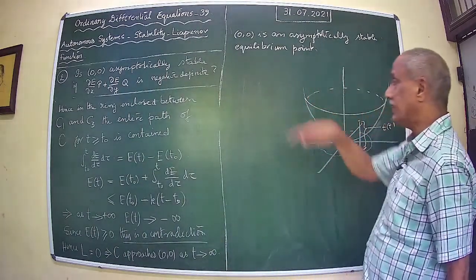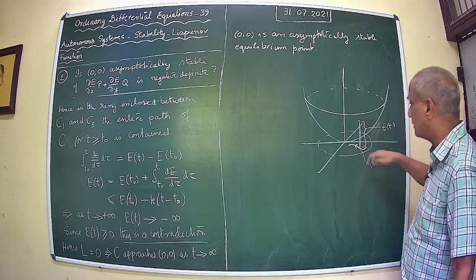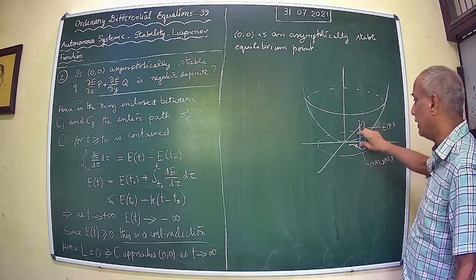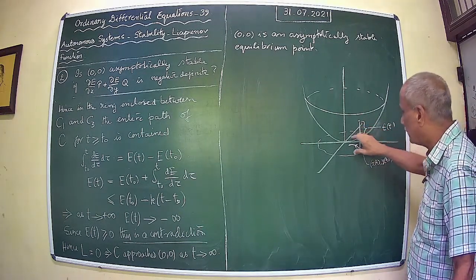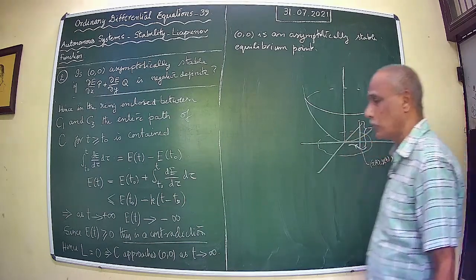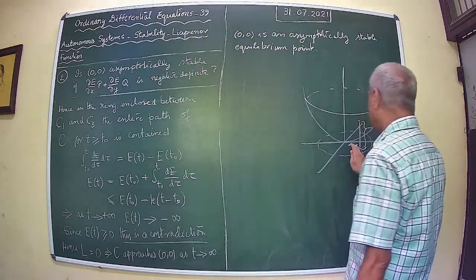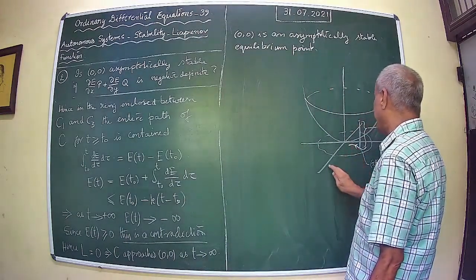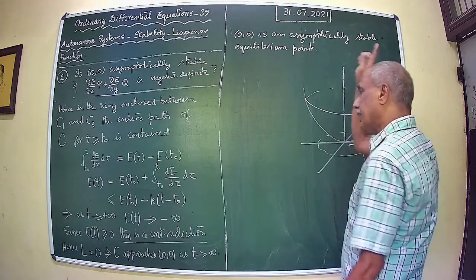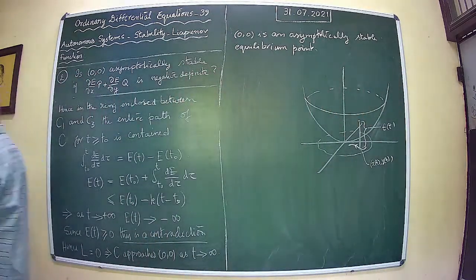But if in addition it is also negative definite, then E(t) not only decreases, it forces the characteristic to approach 0, 0. Once it moves away from here, E(t) will start increasing, but that is not possible under the conditions.